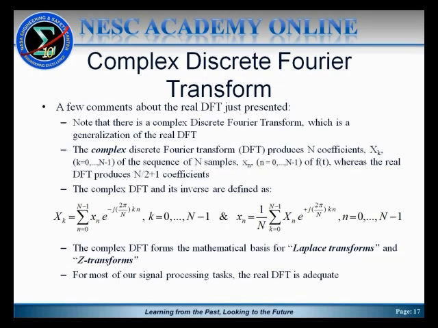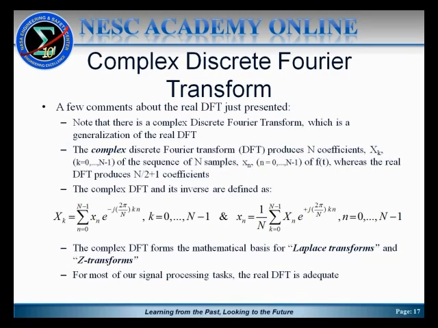Whereas recall the real DFT produces n over 2 plus 1 coefficients. Well, why the disconnect? Why do we get more coefficients out of the complex? Actually, we don't, because you recall the real discrete Fourier transform produced a real part and imaginary part. It produced n over 2 plus 1 real parts and n over 2 plus 1 imaginary parts.